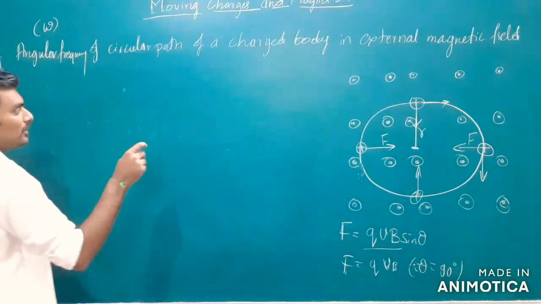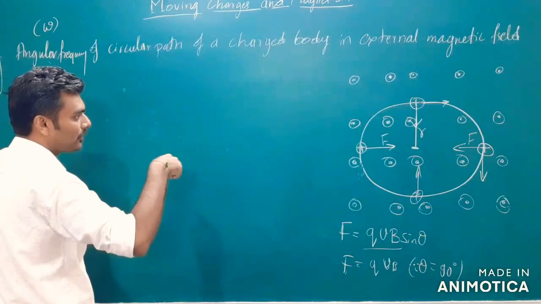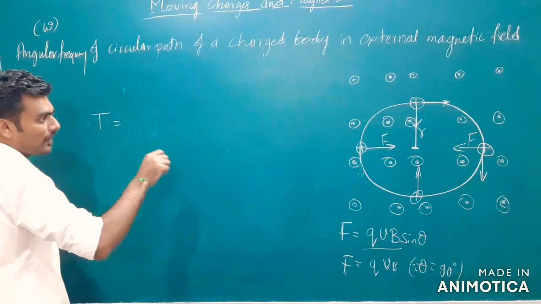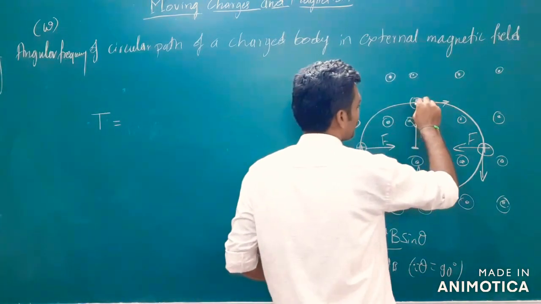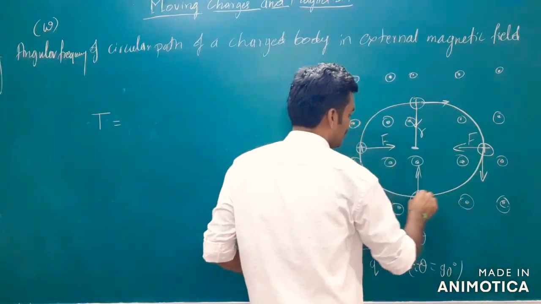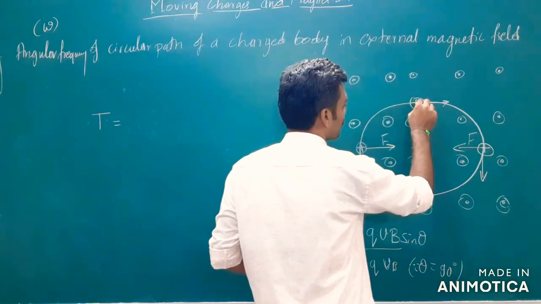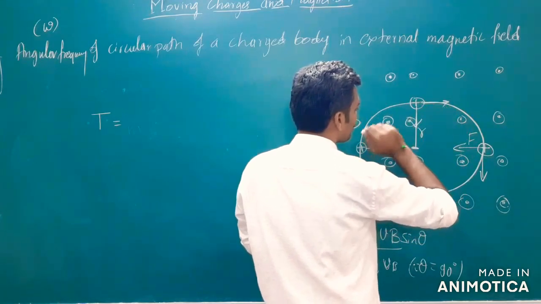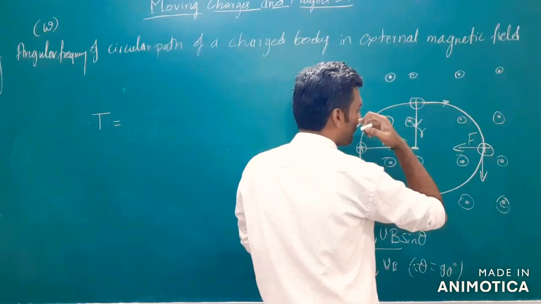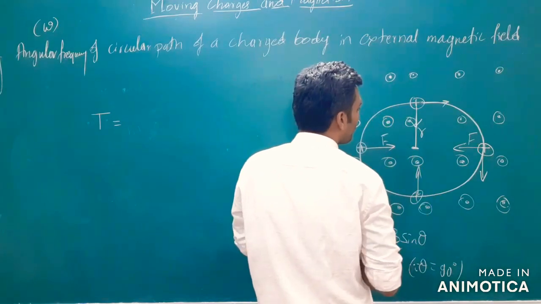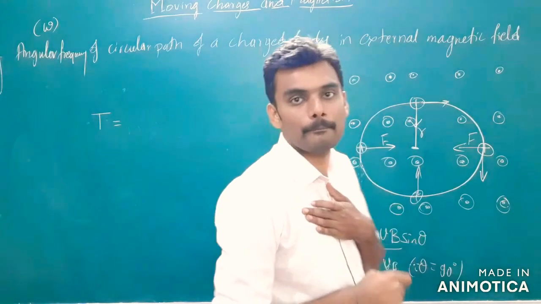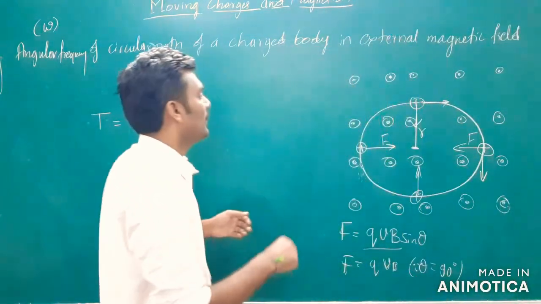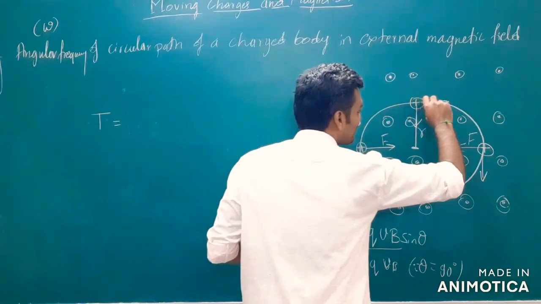So time period is the time taken for one complete revolution, right? So T is equal to, now look at this, in one revolution, what is the total distance covered by the body?